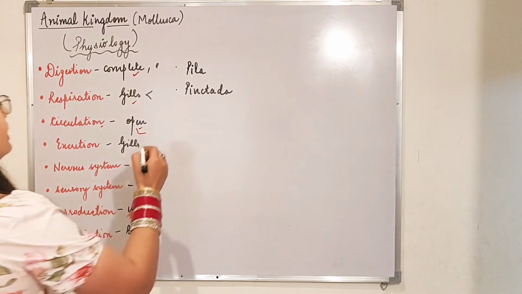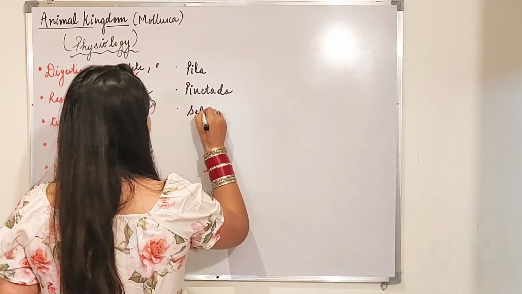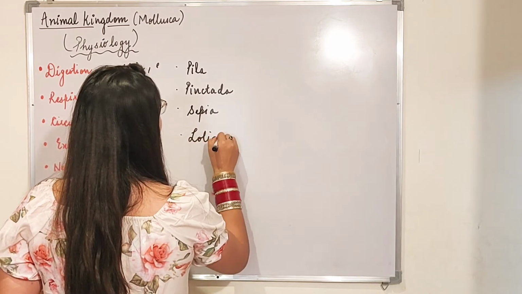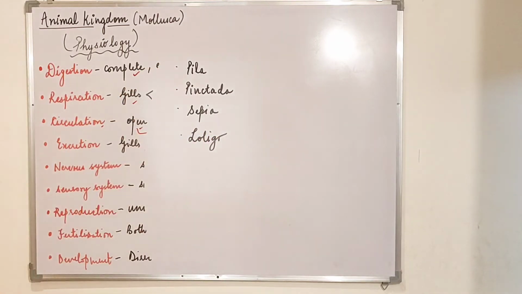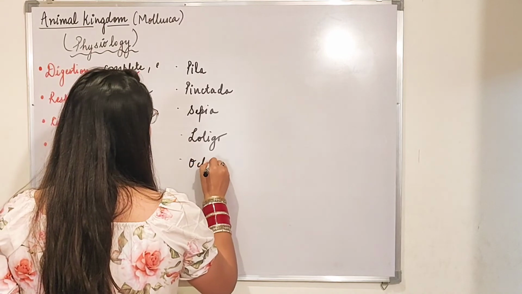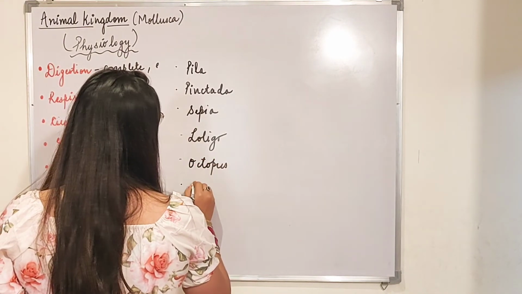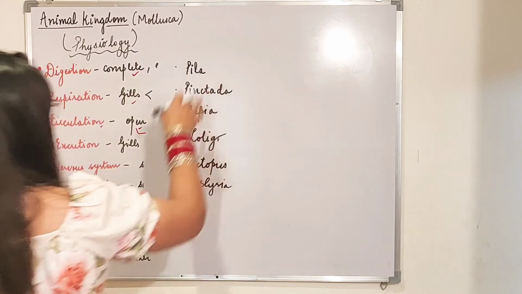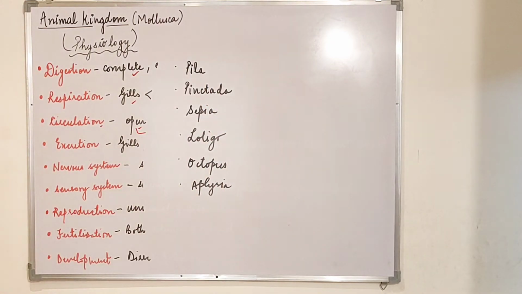Make sure and note down side by side. So till now I've written Pila, pinctada, sepia, loligo, octopus, aplysia. These are the examples.